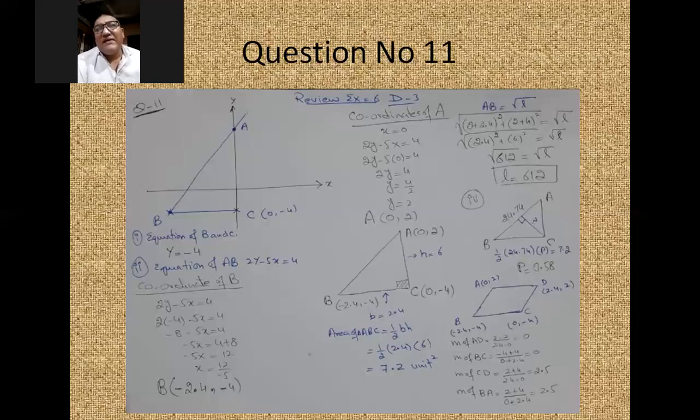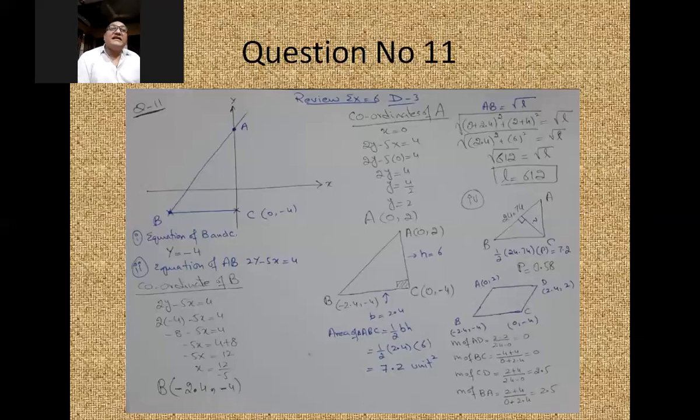In the same way, I will find the gradient of BA, and that will be (2 minus -4) divided by (0 minus -2.4), y2 minus y1 divided by x2 minus x1, the way we find the gradient. So it will be 2 plus 4 is 6, and downstairs 0 plus 2.4 is 2.4. So it will be 6 divided by 2.4, and that will be 2.5.